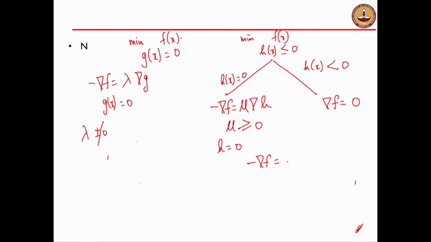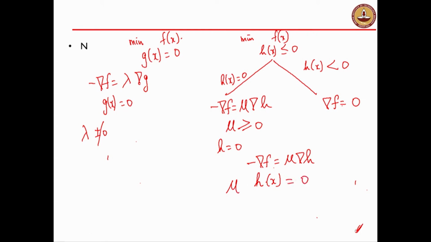And the way I do that is, I will write minus grad f is equal to mu times grad h. This has to be satisfied, but in this case, it is not. It is satisfied in the case of the left hand side when h is equal to 0, but in the case when h is less than 0, minus grad f is not equal to mu times grad h. So what can I write over there? I will put one condition over here, mu times h of x is equal to 0.